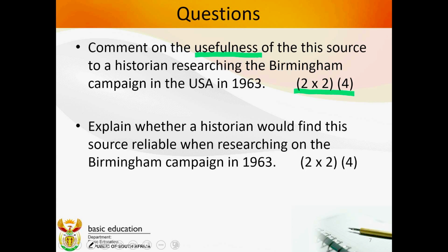Immediately the question says 2 times 2, we need 2 responses, and each response carries 2 marks. Explain whether a historian would find this source reliable when researching the Birmingham campaign. So the mark allocation is 2 times 2, which is 4 marks.